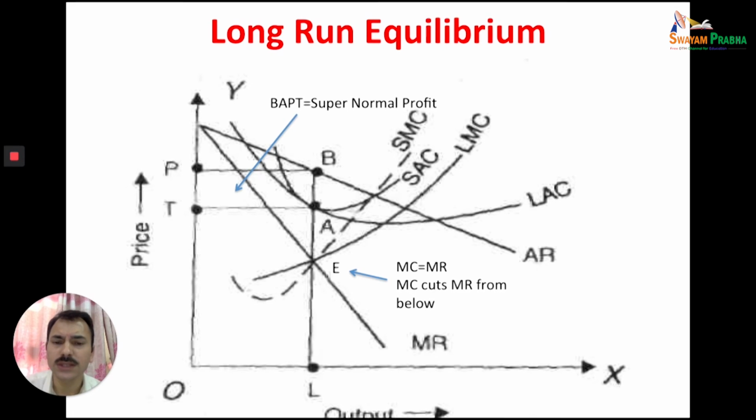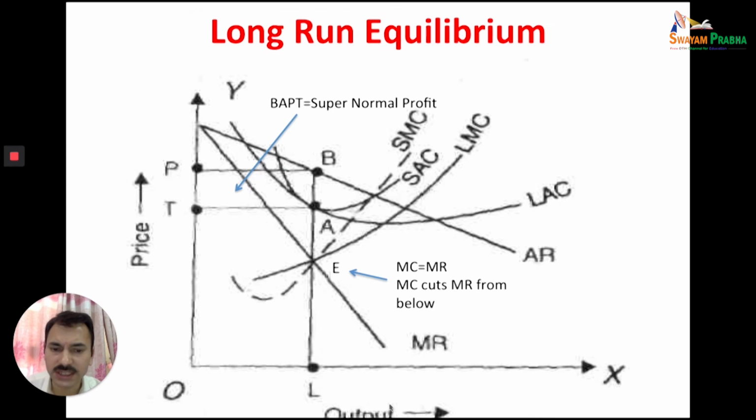So there's nothing fixed. All machinery, plant, everything is variable in the long run. As we have already discussed, the long run average cost curve, or long run marginal cost curve, or any long run curve is derived from the short run.